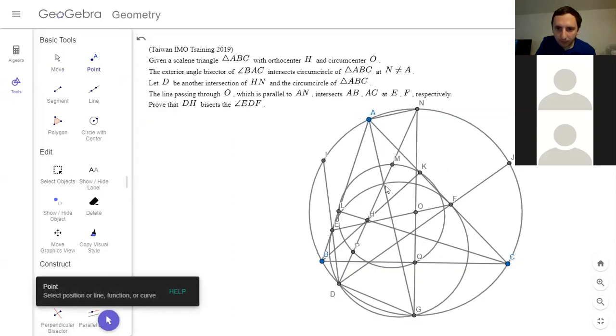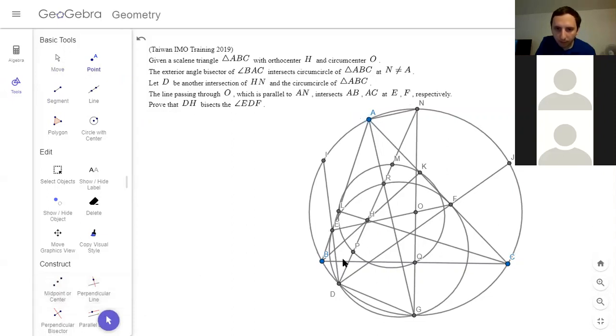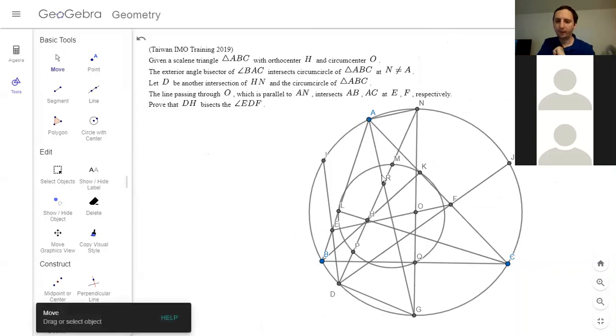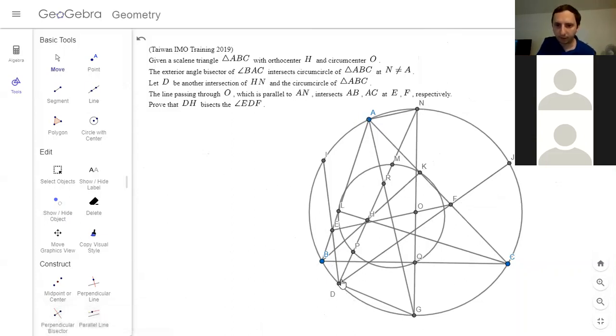If the problem were true, then DERF would be cyclic. So maybe we could define R to be the intersection of AG with DN, and then we want to show DERF is cyclic, and that would solve the problem.